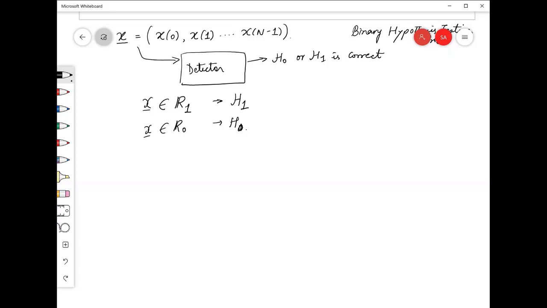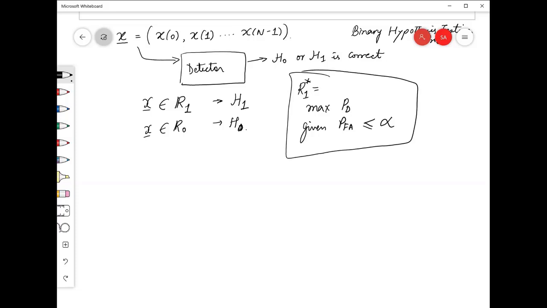Okay, and I need to figure out what should be my R1 such that I want to maximize my probability of detection given my probability of false alarm is less than equal to some threshold alpha. Okay, so I need to figure out R1 star by solving this optimization problem.